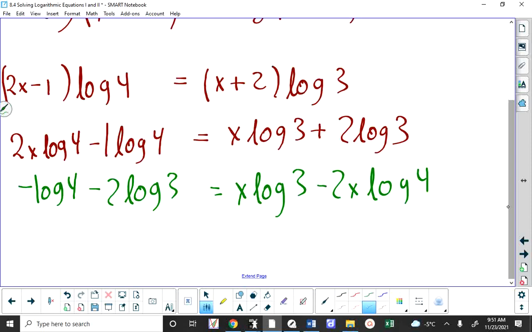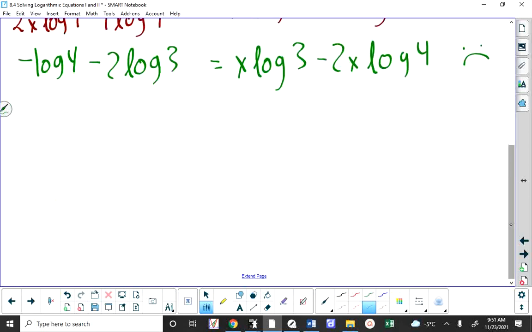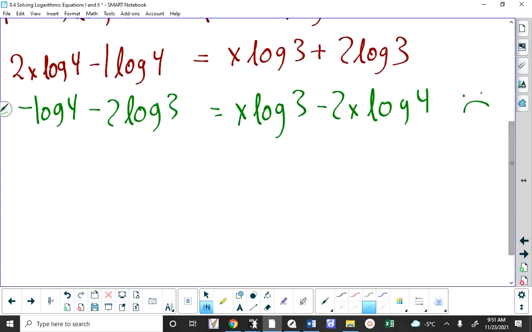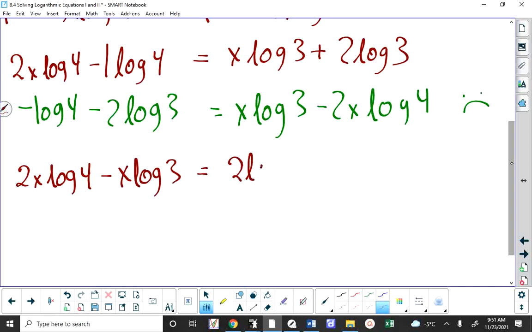So this doesn't really please me. What I would rather do is move the x's to the left side where I collectively get more positive terms. I'm going to have 2x log 4 minus the x term from the other side, x log 3, equals, I have the 2 log 3 here, and if I add the log 4, this is mathematically more pleasing to me.